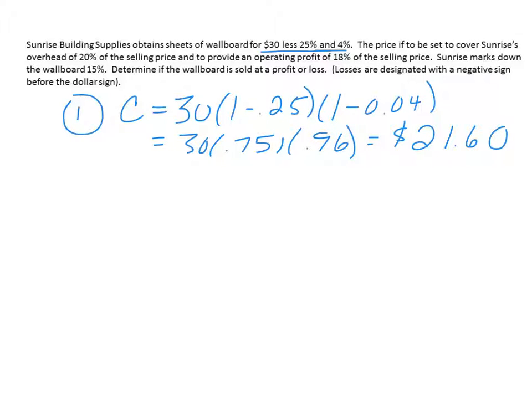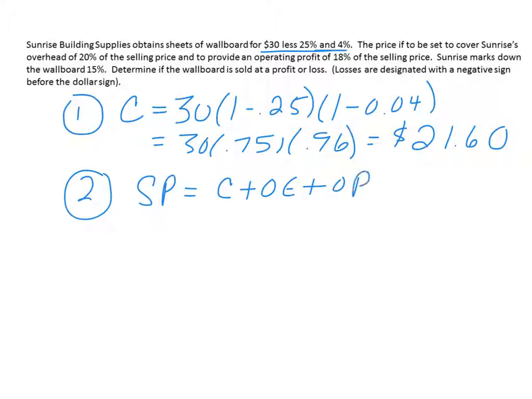$21.60. Our second step is to determine the regular selling price, which is our cost plus our expenses plus our profit. We know our cost is $21.60 and our overhead is 20% of the regular selling price, and our profit is 0.18 of the regular selling price.